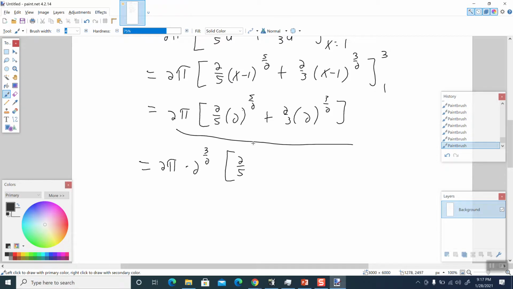And when I take that away, that gives me 2 to the 2 over 2, because 5/2 minus 3/2 gives you 2 over 2. And this one will just give you 2. And so then this is 2 pi. This one gives you 2 square root of 2. That's 4/5 plus 4/3. And then you go down. So that's really the simplifying way. No, you wouldn't have to go that far.